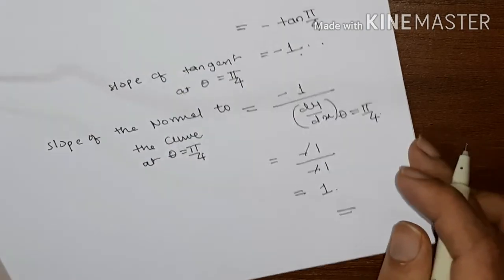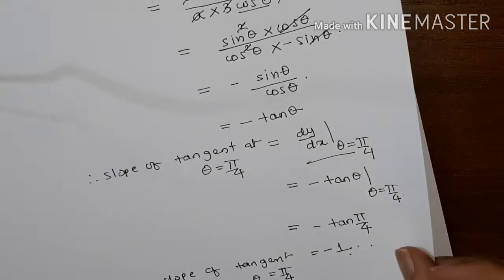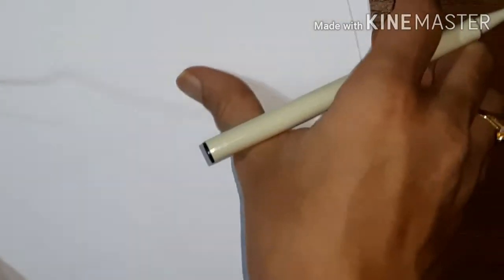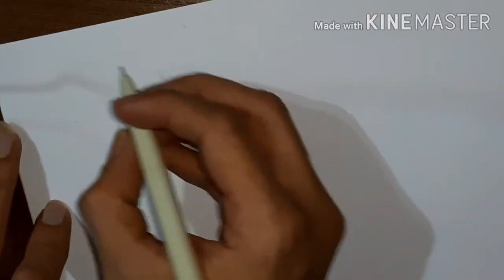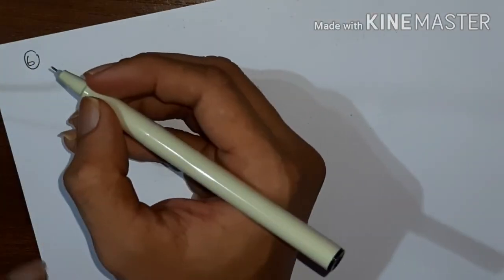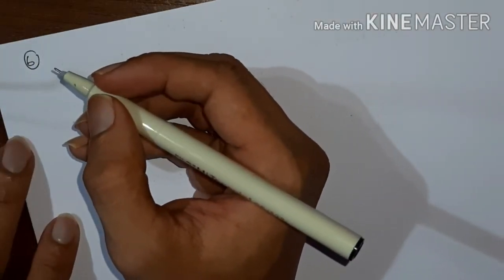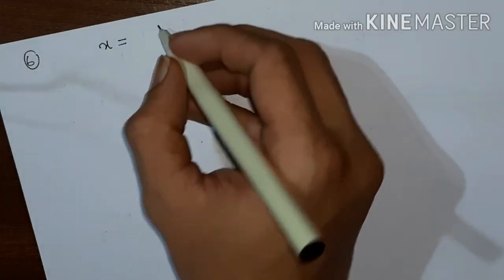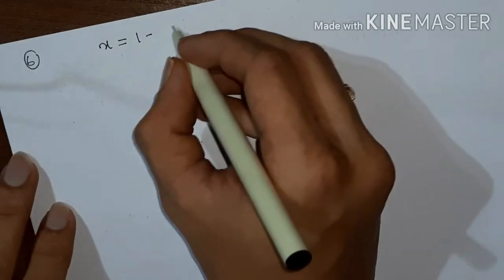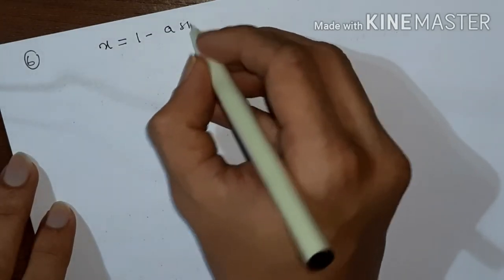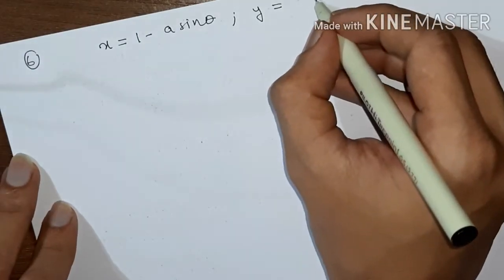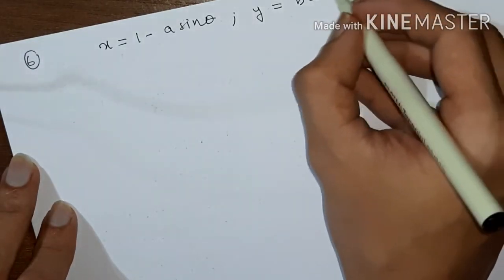So that is problem number 5. Now let us solve problem number 6. Here also you have to find the slope of the normal to the curve. The function is again a parametric function, which is x equal to 1 minus a sine theta and y equal to b cos square theta.